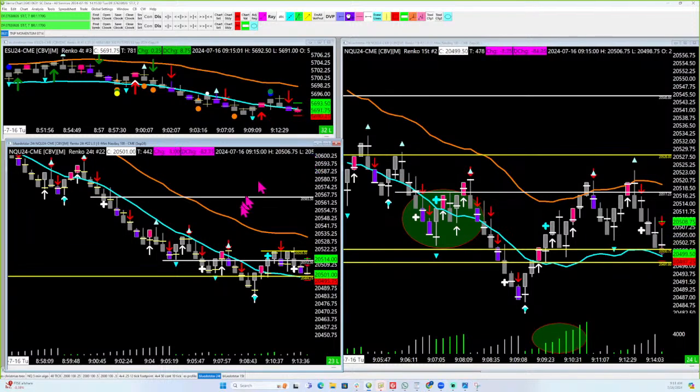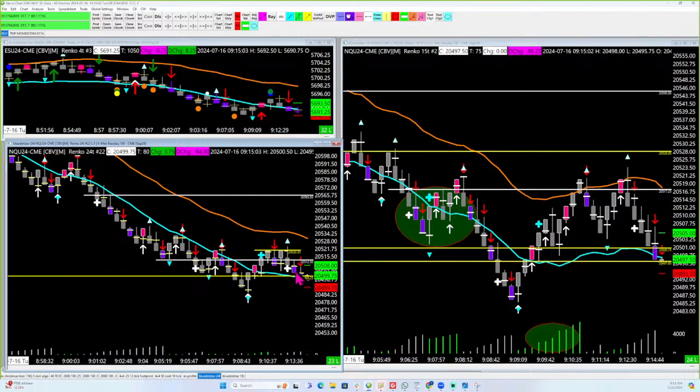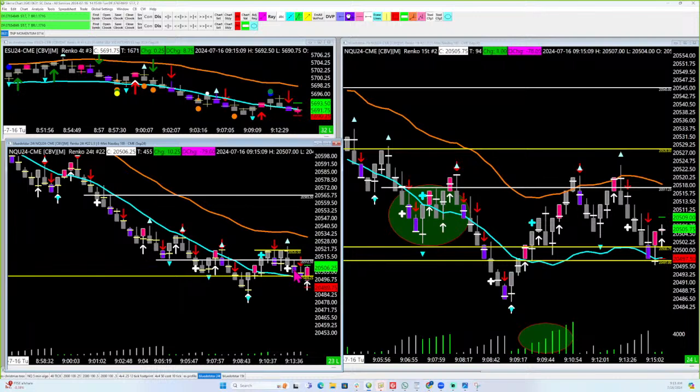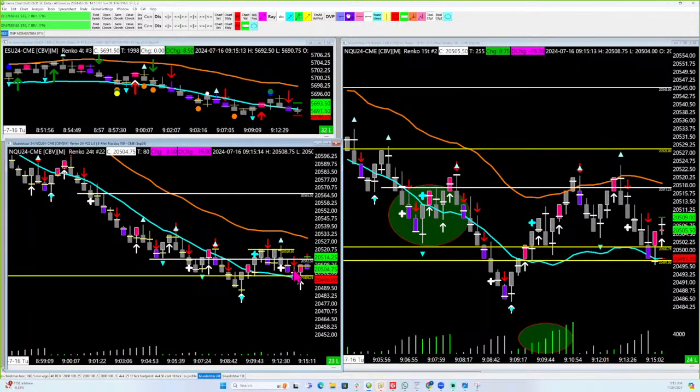But this is verified to the downside. The plus sign here with a 20-point stop, that's a valid short entry if you're willing to take it on trend day. I didn't, because it's almost against my religion to do that.